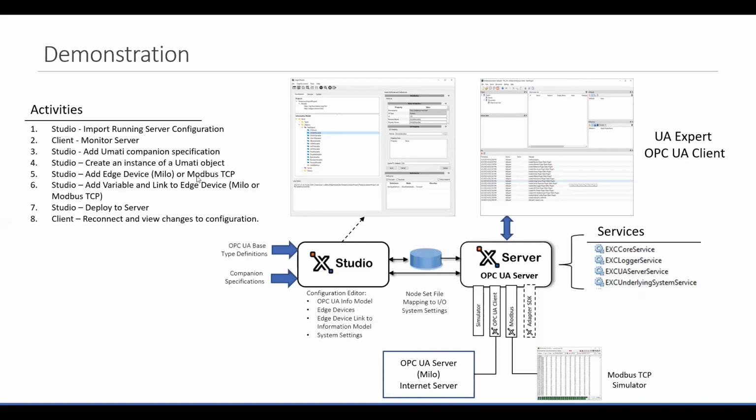In my case, I will use a Modbus register and an OPC UA tag from the Eclipse Milo server. And then I will deploy that server to the EdgeX runtime, and I will verify that the client will then see the new configuration.